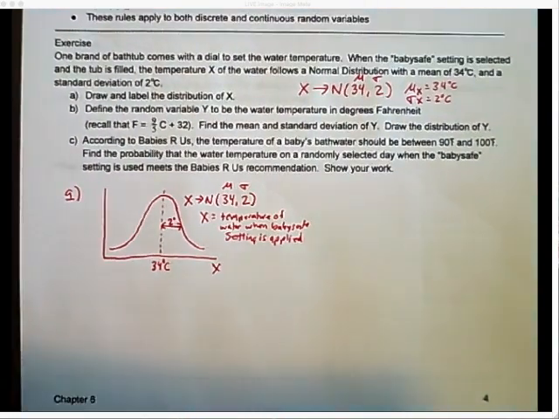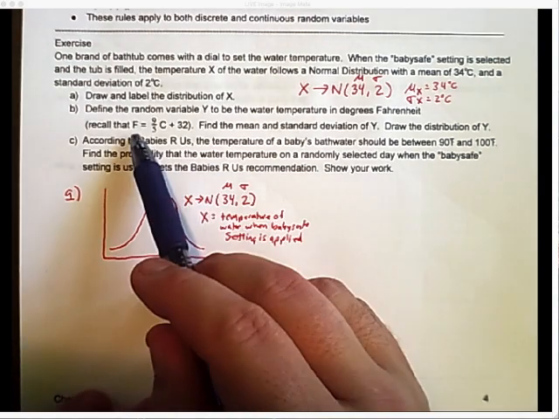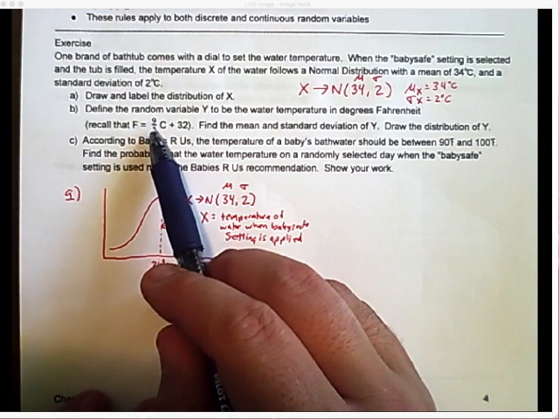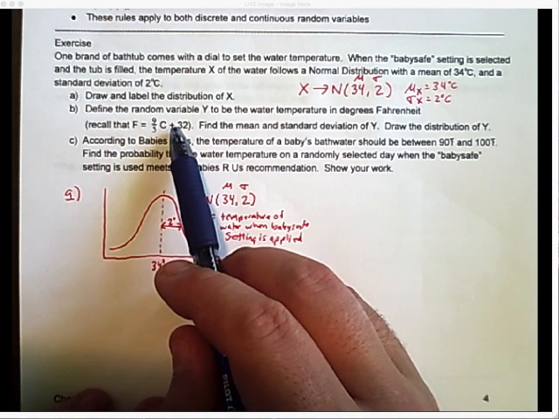So part B. It says define the random variable y to be the water temperature in degrees Fahrenheit instead of Celsius. Recall that to convert to Fahrenheit, you take 9/5 times Celsius plus 32.